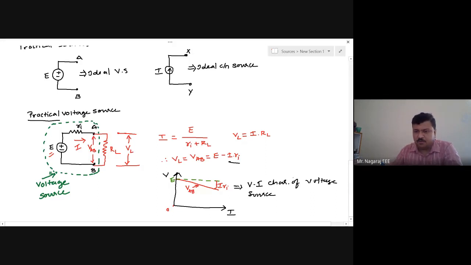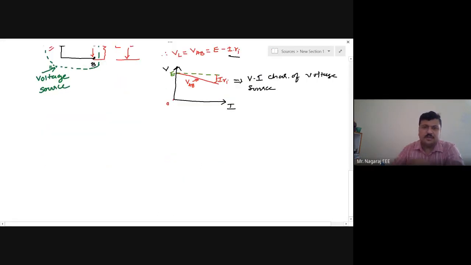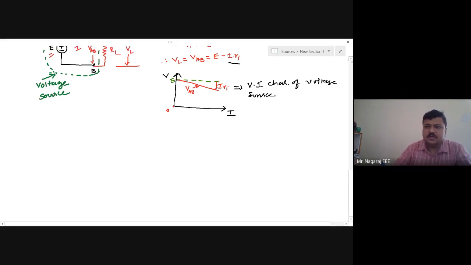Now, if you want to visualize this circuit practically, the question is, from where do I get this internal resistance?